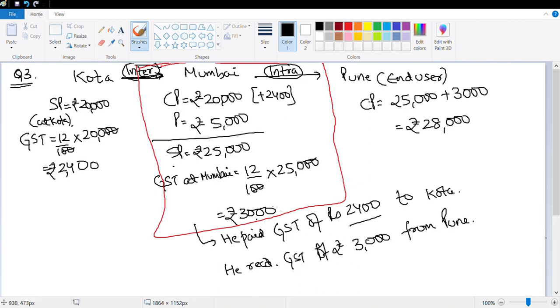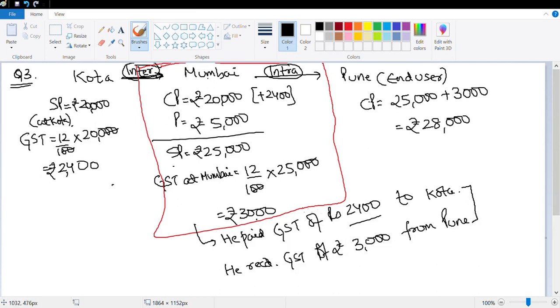So this is the money that he gets from the person at Pune, and 2,400 is the money that he pays to the person at Kota. So there are two kinds of GST involved for the person in the middle, right?